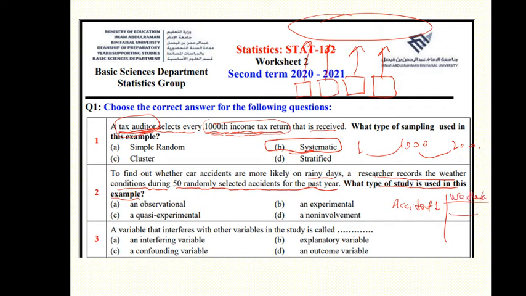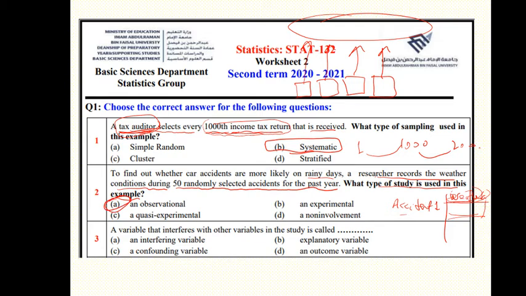So this is just coming from observation. It's not experimental. You're just looking at the weather report on that day, making the observation of the weather for the day the accident happened. So this is an observational study.